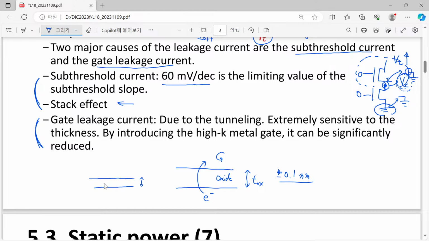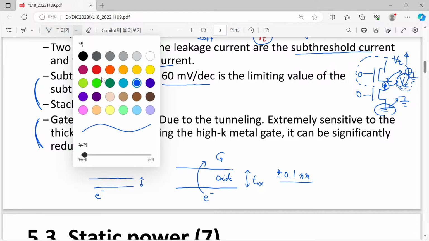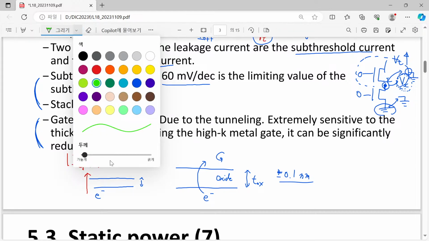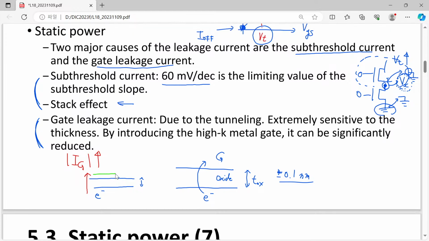Once you have an extremely scaled oxide layer, then you have two problems. One problem is, since this is too thin, your gate current becomes too high. That is one thing, and it is a huge problem. However, the most significant problem is this. If you have a small variation in your oxide thickness, what will happen?